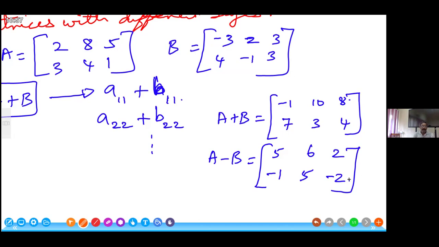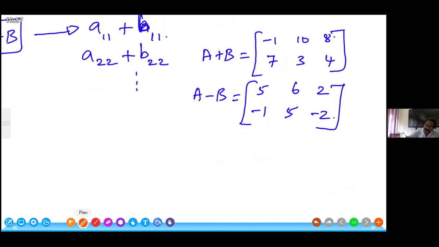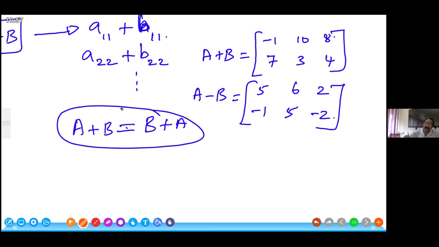Now, furthermore, on matrices, whether you add A with B or B with A, you end up with the same answer: A plus B is equal to B plus A. How about subtraction?